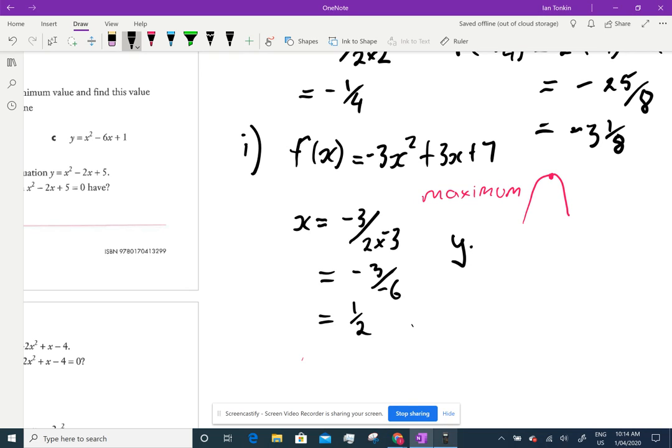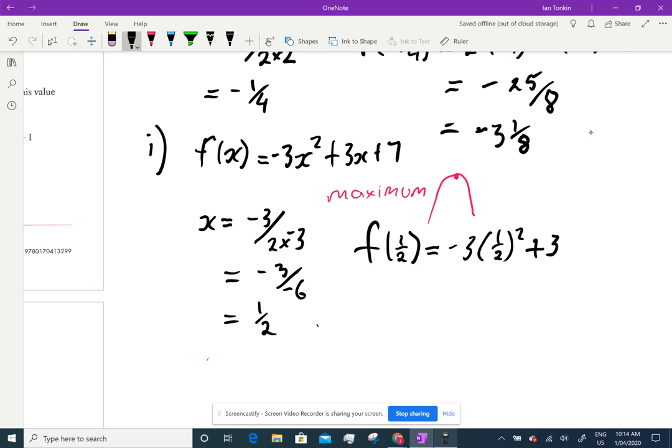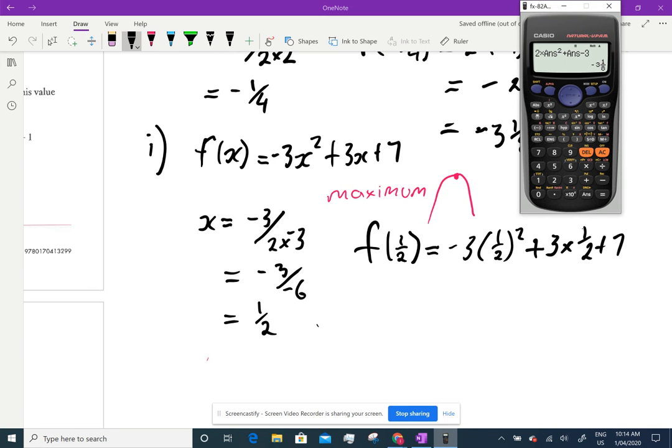How do I find the y value? Sorry, use the right terminology that they've written. You could write y equals, it doesn't matter. So I've got to find f of a half. So it's going to be negative 3 times a half squared plus 3 times a half plus 7. Calculator out again. I'm going to write 1 divided by 2, 0.5.